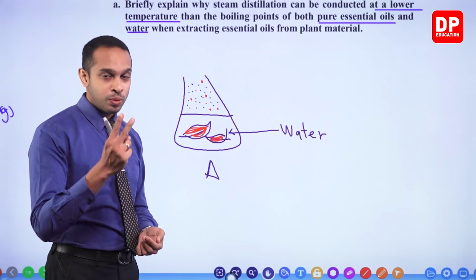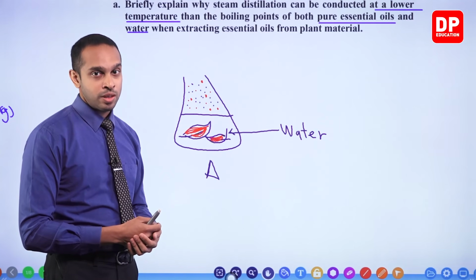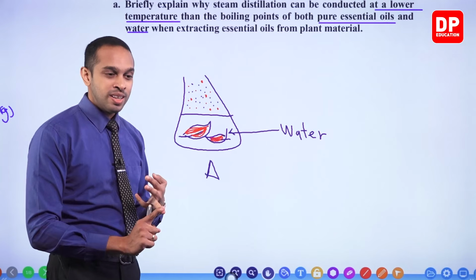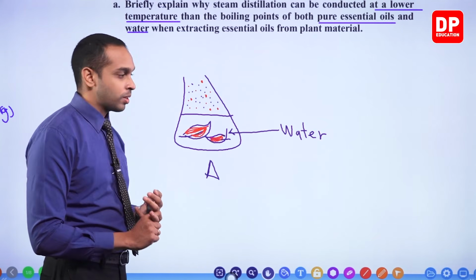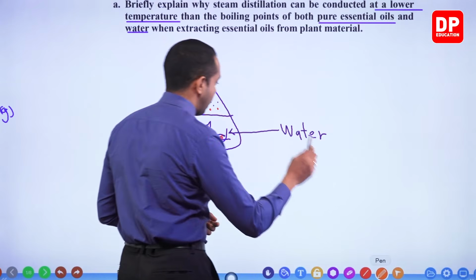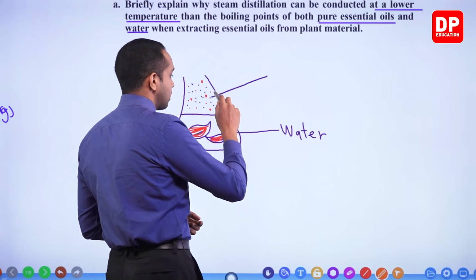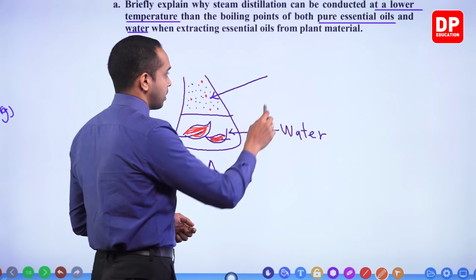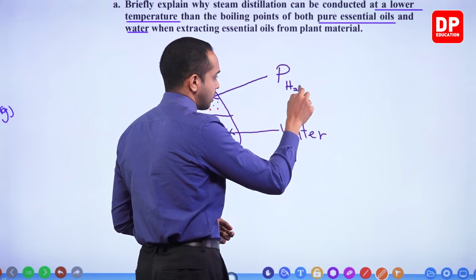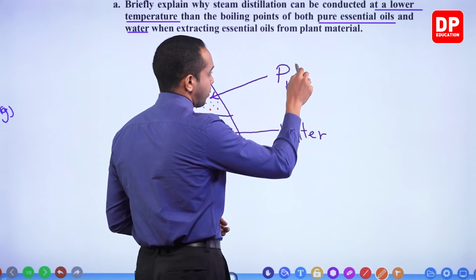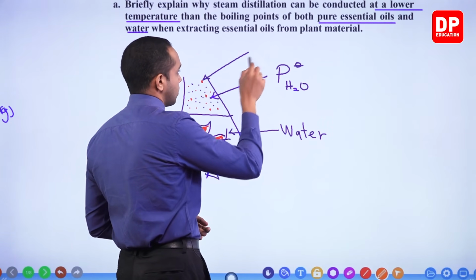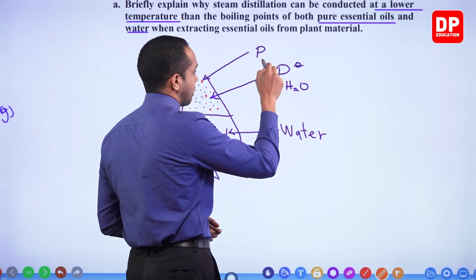So there are two types of vapors that we find here: vapor of the essential oil as well as vapor of the water. So in this case, we don't have to wait till, now this contains, let's say, P H2O gas, right? Our vapor pressure of water is present here, as well as P, let's say, essential oil.